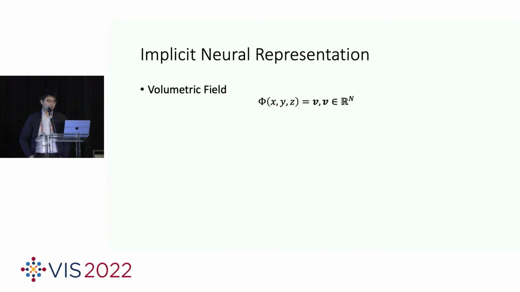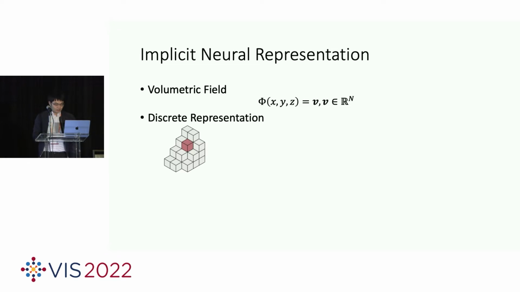So a volumetric field is actually a mapping from a 3D coordinate to an n-dimensional vector. And in our case, we can simplify n to be 1, so we look at scalar fields. Traditionally, volumetric fields are sampled discretely and represented using 3D grids.